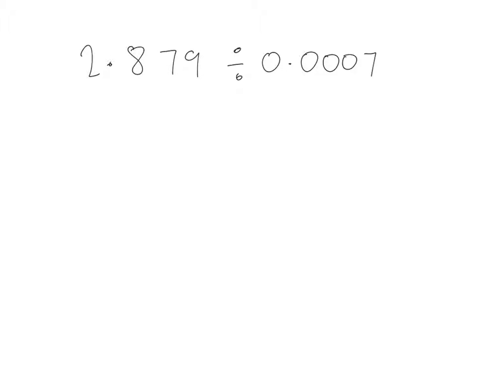Okay, so same process. I look at the decimal point here and I say I have to bounce it once, twice, 3 times, 4 times. And so I have to bounce this once, twice, 3 times. Uh-oh. I've run out of places, but I still need to do the right number of bounces.